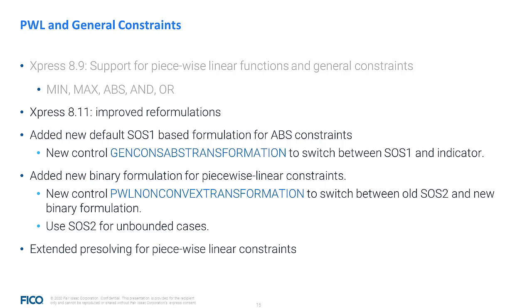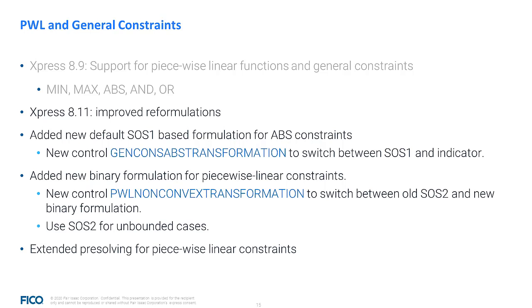In the 8.11 release, we have extended the portfolio of reformulations. For example, we added a new reformulation of absolute constraints, using special ordered sets of type 1. This one worked so well that we made it our new default. Of course, for a user, it is possible to make a dedicated choice via a control.